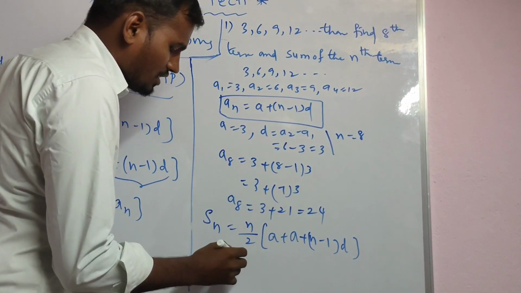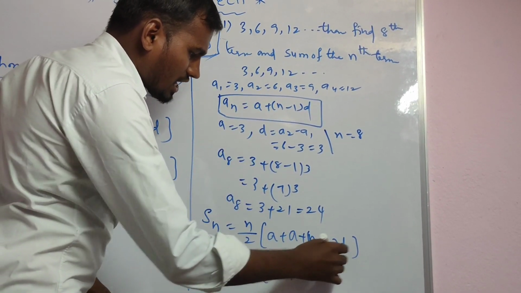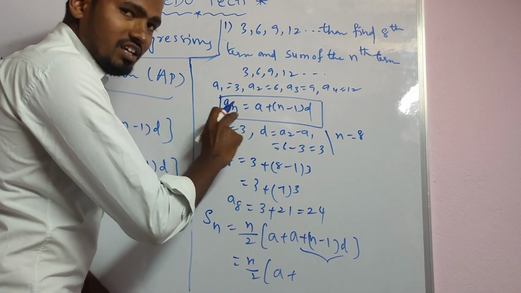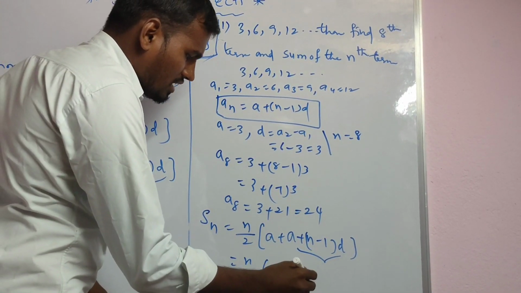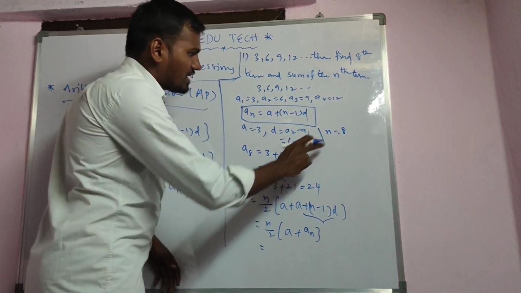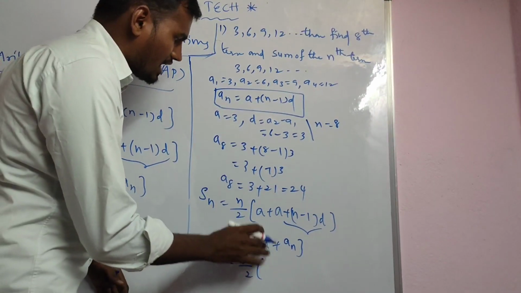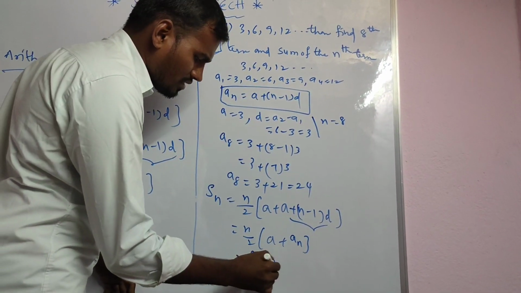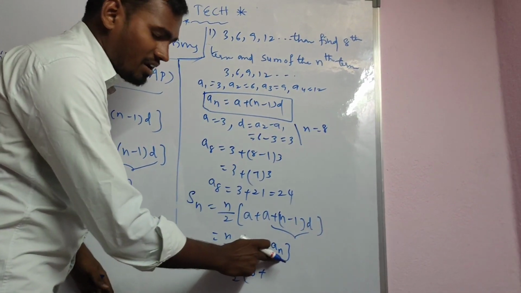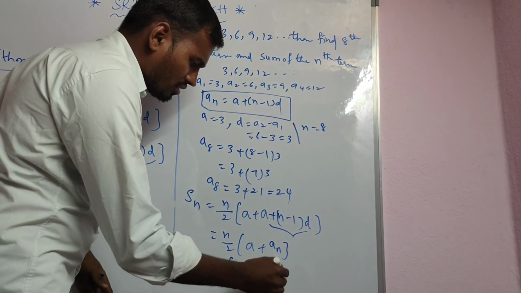We can write a plus (n minus 1) into d simply as an. Here n means 8, then 8 by 2 of (a means 3 plus an means a8, which is 24).